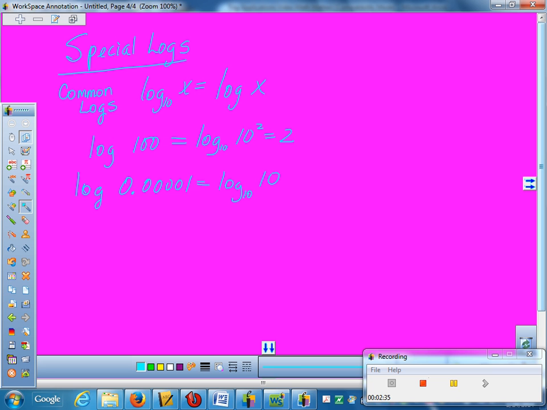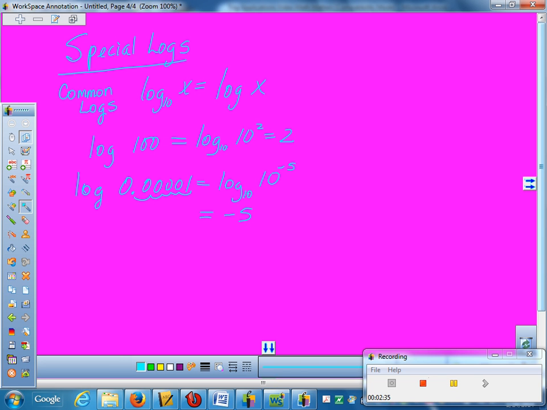Count. It's the same thing as move it into scientific notation. How many decimal places do you have to move to get it into scientific notation? 1, 2, 3, 4, 5. So that's actually 10 to the -5. So therefore my answer is what? -5. They both have base 10.